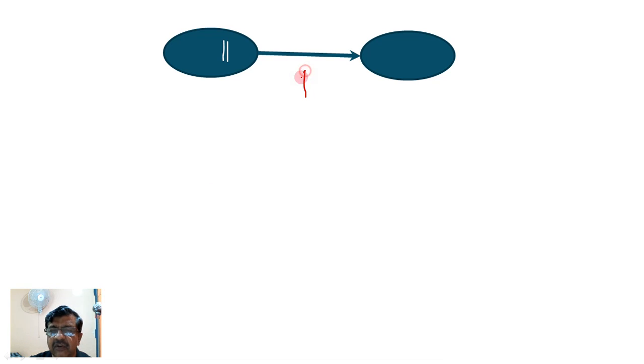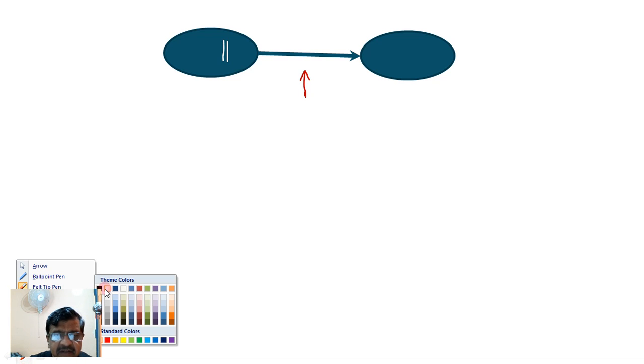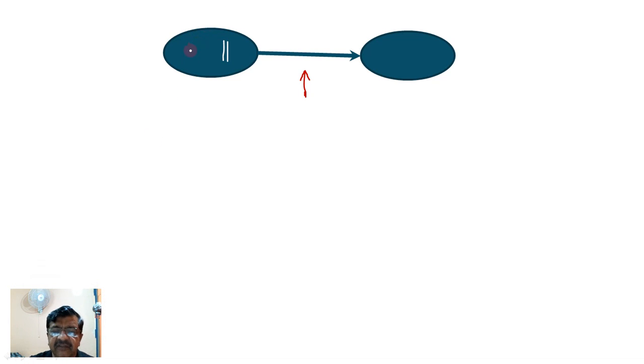If the water is flowing like this, this will become the right bank and this will become the left bank. Anyway, that is immaterial, just for the sake of information I am telling. So in the initial stage, this is the left bank.